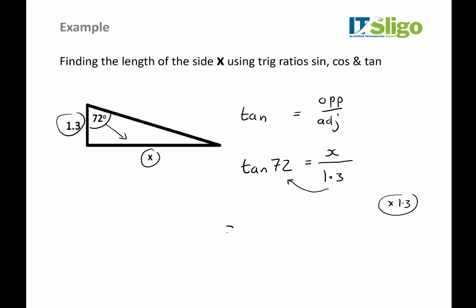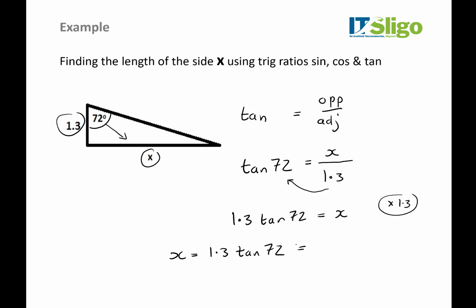So I multiply the left by 1.3, and when I multiply the right, that'll just become x. So finally we can say x is 1.3 by the tan of 72.